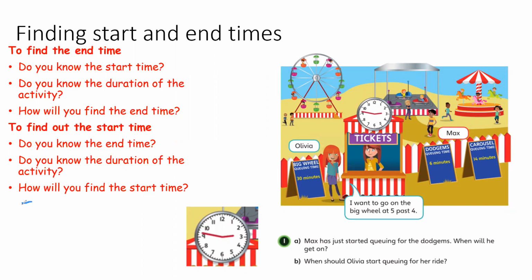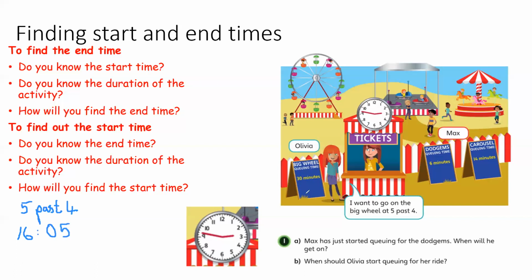I'm going to write that down. So 5 minutes past 4. And I'm going to write that as well digitally, so we know that the time is afternoon. So it's 4 o'clock, so 4 plus 12 will be 1600 hours, and it's 5 past, so it's going to be 05. So that's the time she wants to get on, and that's really useful.